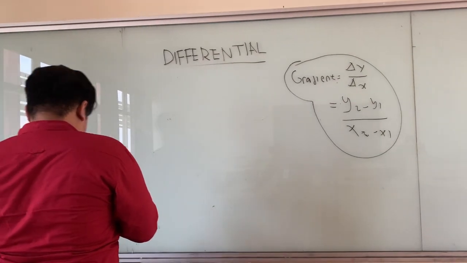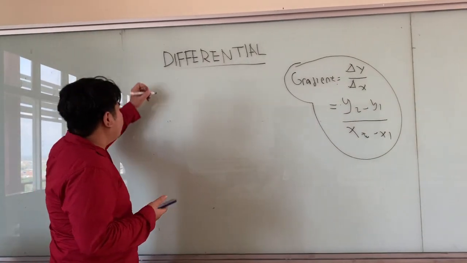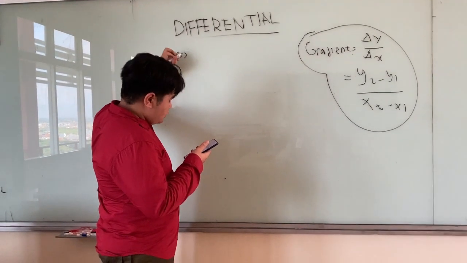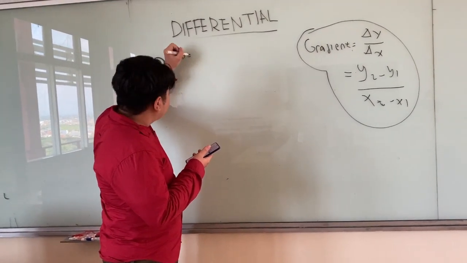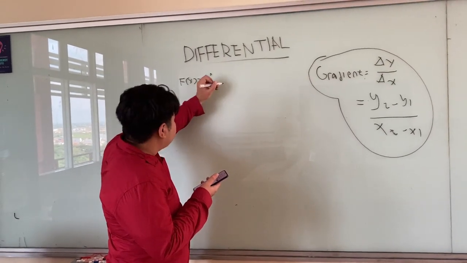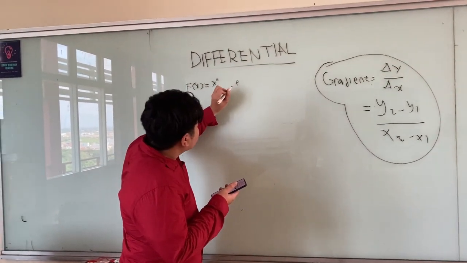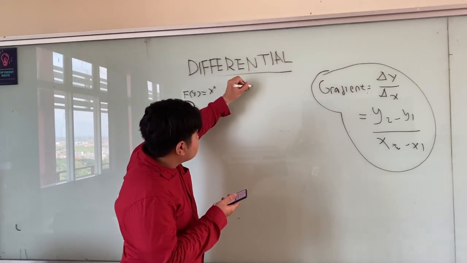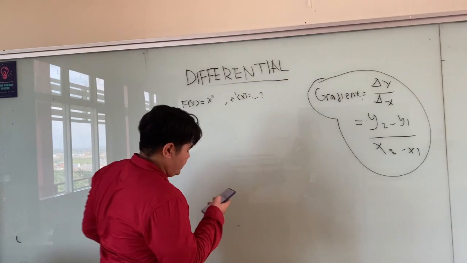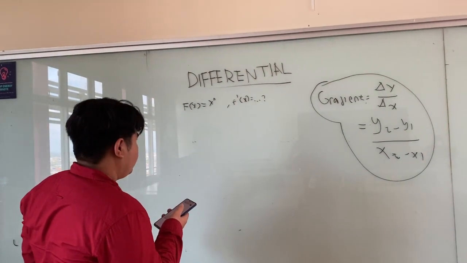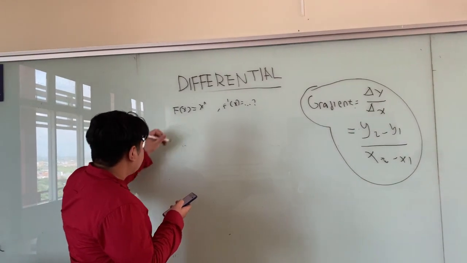For example, if I have this f(x) equal to x power n, then what is f'(x)? We can derive it like this.